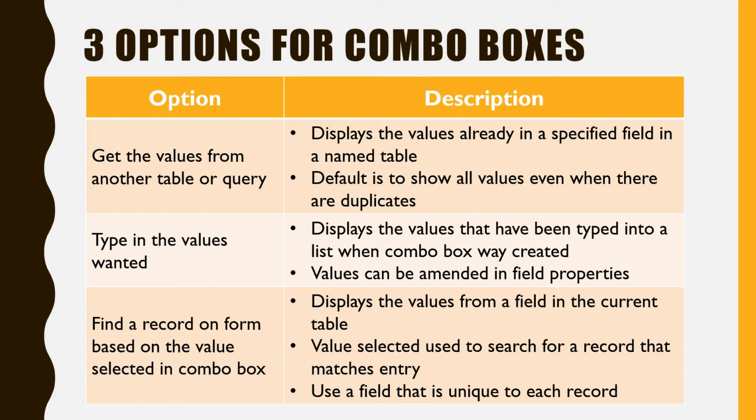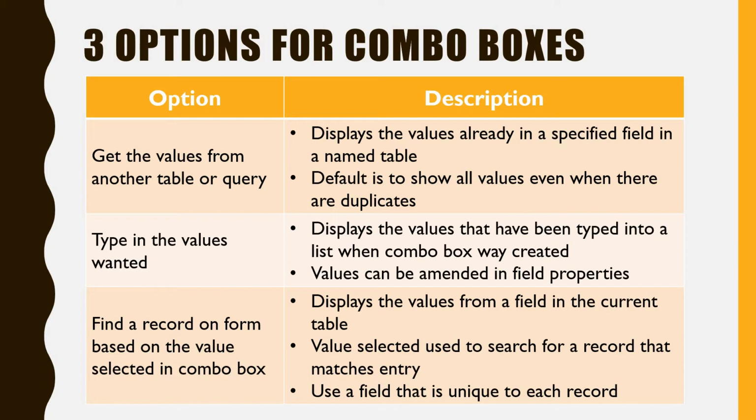And finally, the third option: if you want to find a record on your form based on the value selected in the combo box. In this case, the combo box will display the values from a field in the current table. The value selected will be used to search for a record that matches the entry.